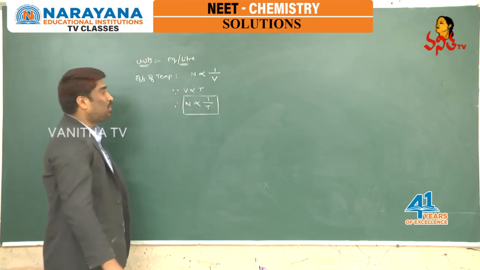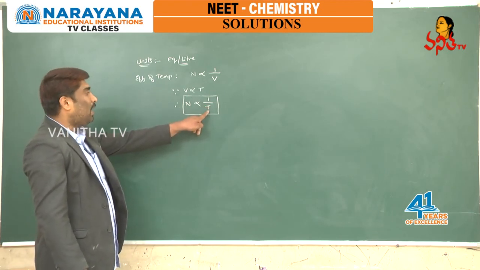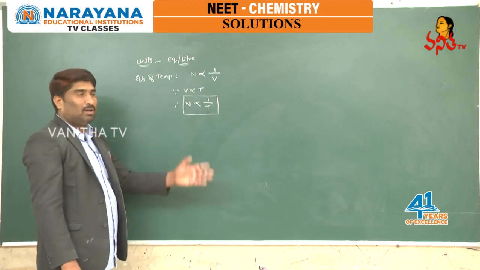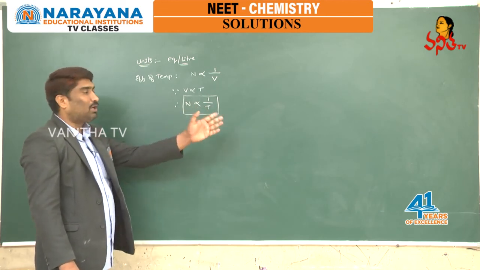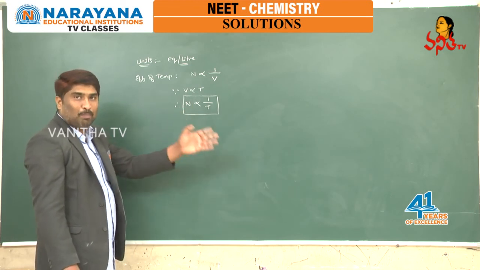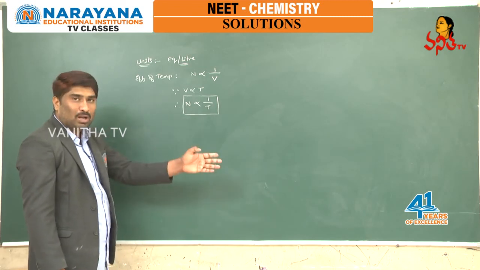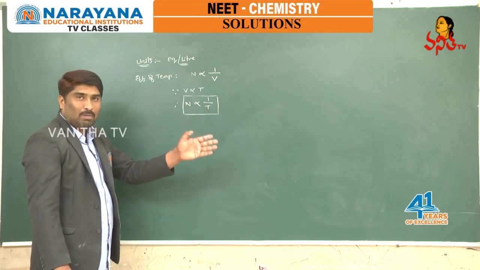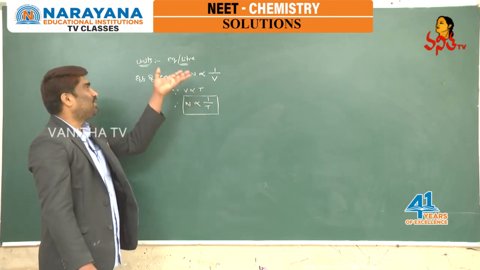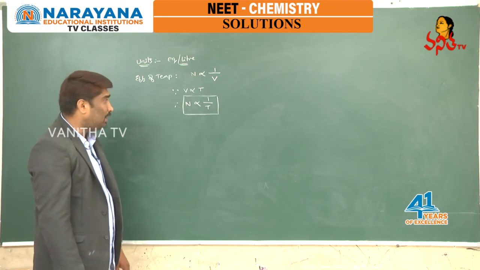As the temperature increases, obviously normality is going to decrease. Again, a one normal solution you can call normal. 0.5 normal, semi-normal solution. 0.1 normal, decinormal solution. 0.01 normal, centinormal solution. 0.001 normal, millinormal solution, similar to what we discussed earlier in the case of molarity.